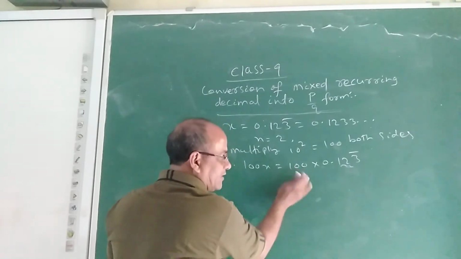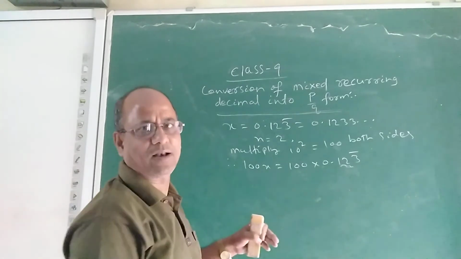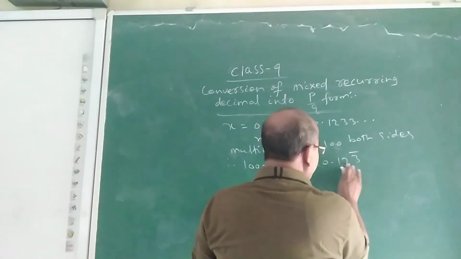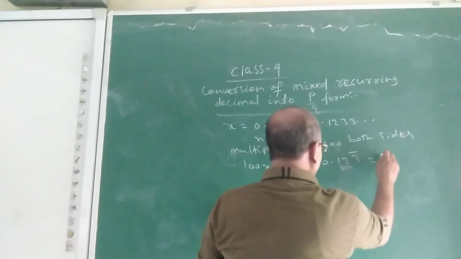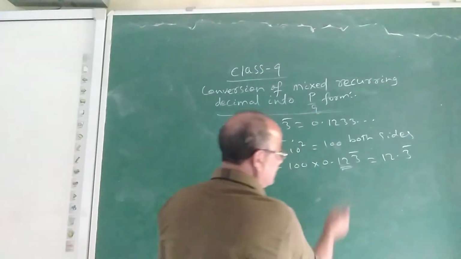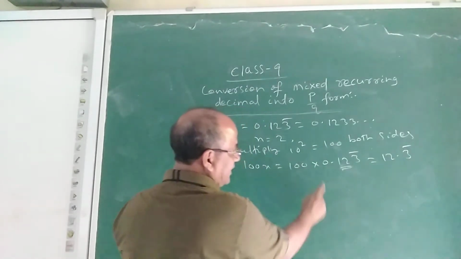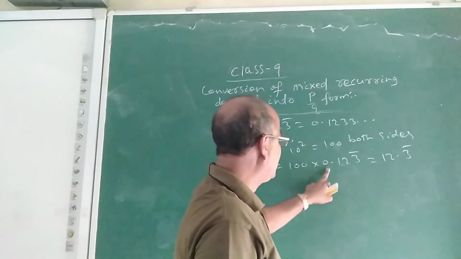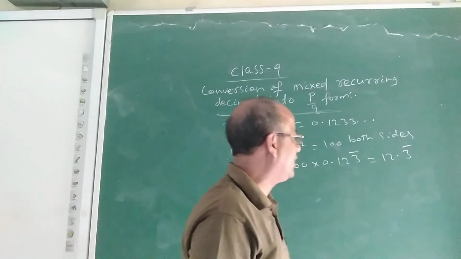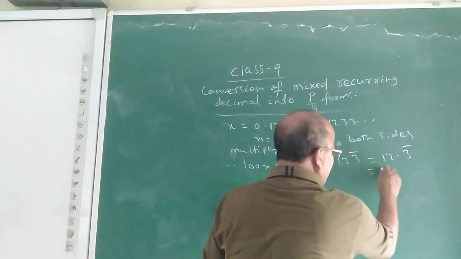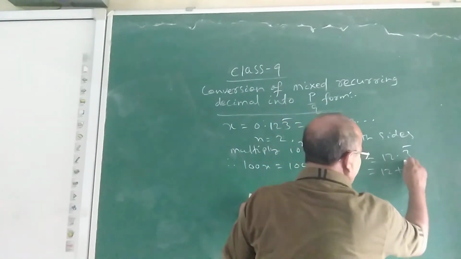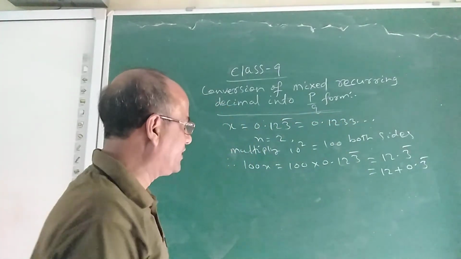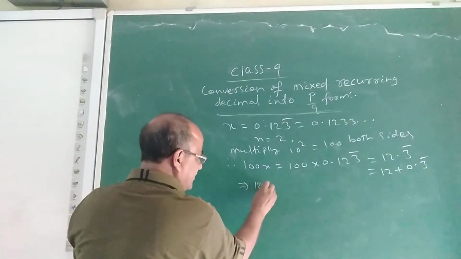This thing you know from class 5: how to multiply a decimal number by 10, 100, 1000, etc. So this will be equal to 12.3 bar. You see, 12 will come to the left side. And this is again equal to 12 plus 0.3 bar.